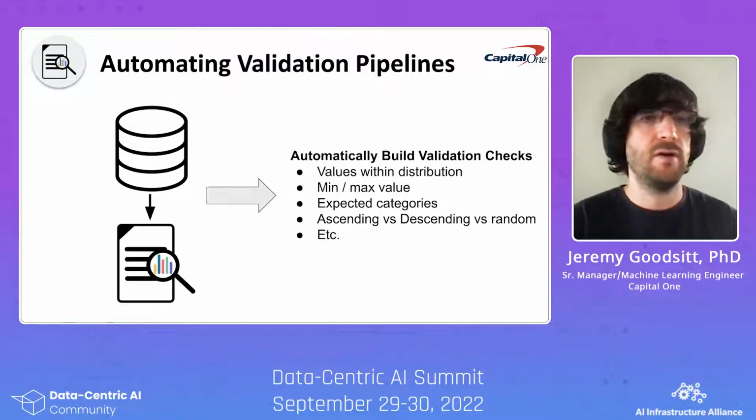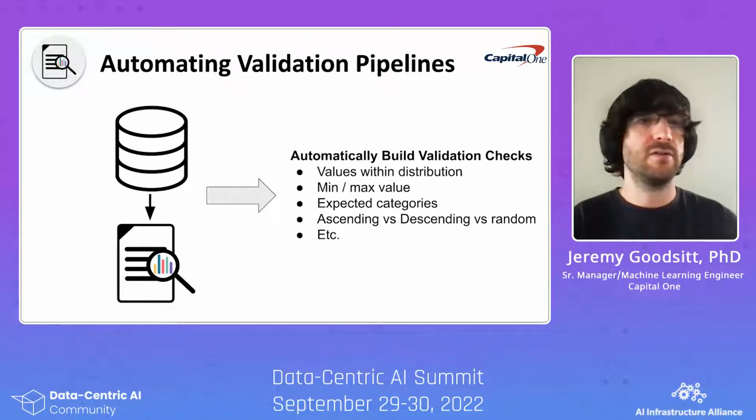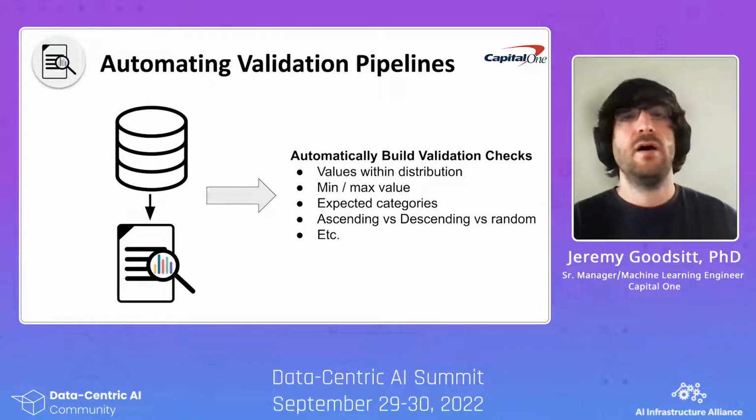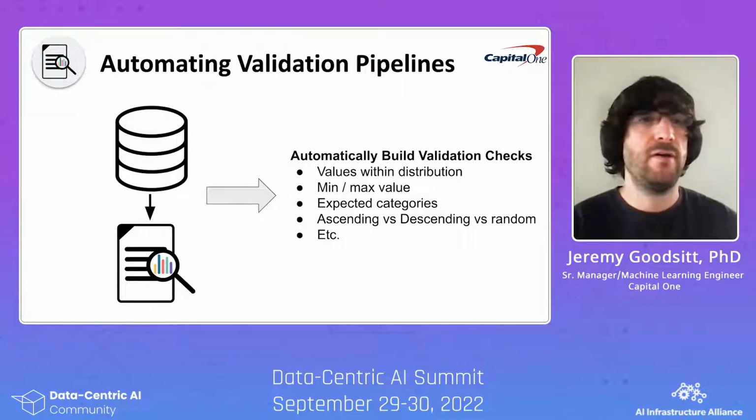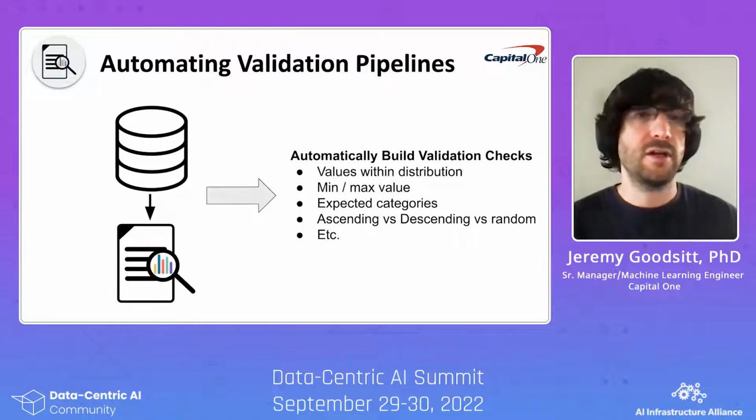For instance, what are the distribution of values within a min-max value within a data set, expected categories. You could look at order, like within structured data, is this data set ascending, descending, random? There's a plethora of different quality checks you can apply to a data set. But with data profiles, why not utilize these profiles to automatically build these checks for us?